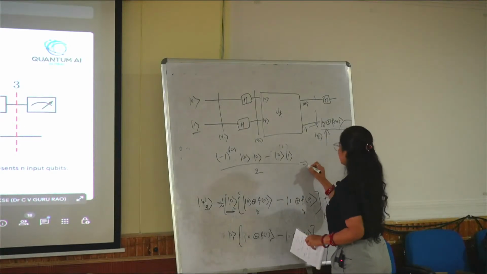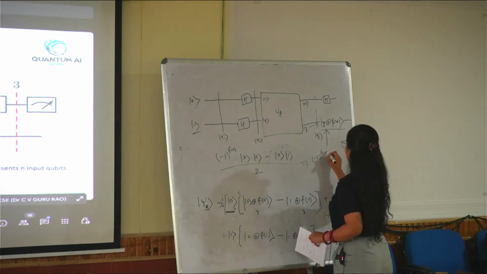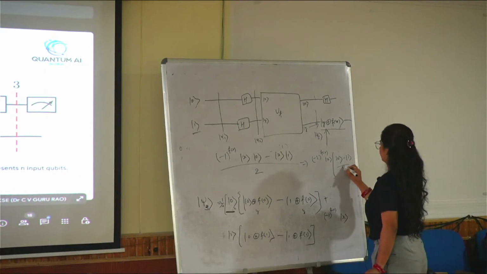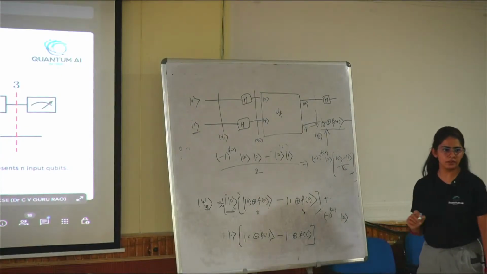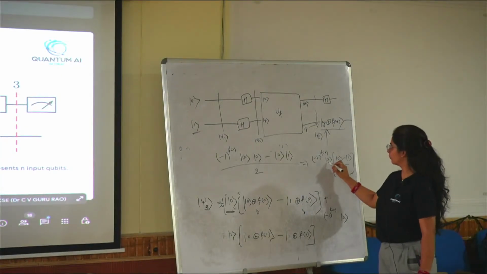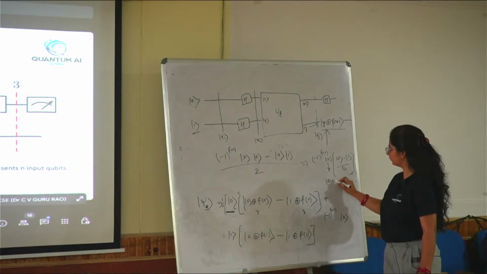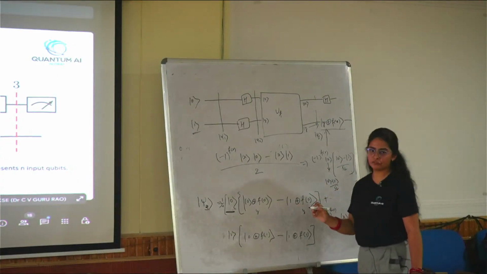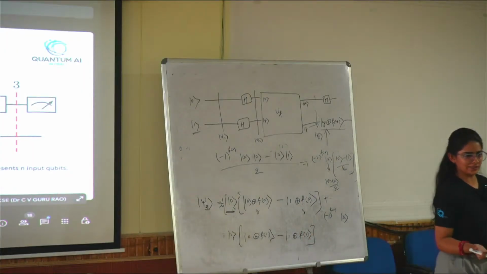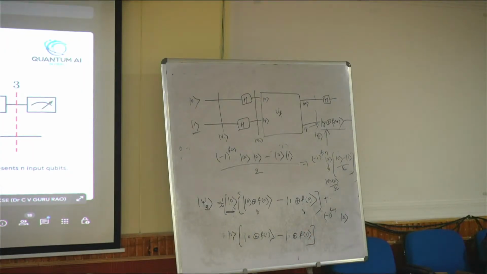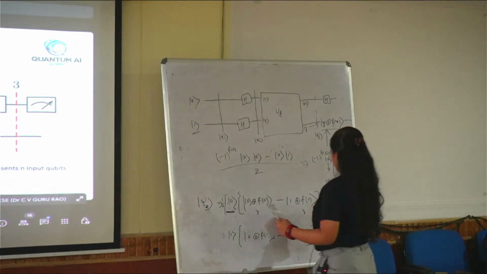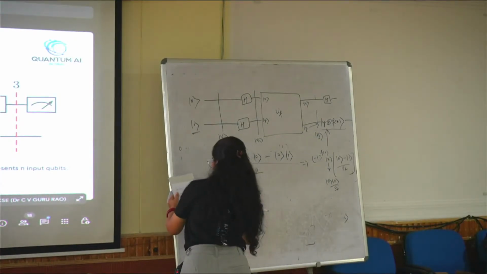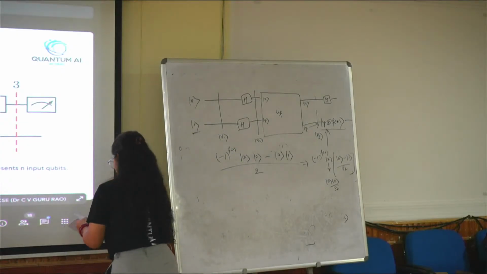So what I can do is take it as common, 0 minus 1 by root 2. Now because we were having this as 0 plus 1, let's understand whether the function is constant or balanced.